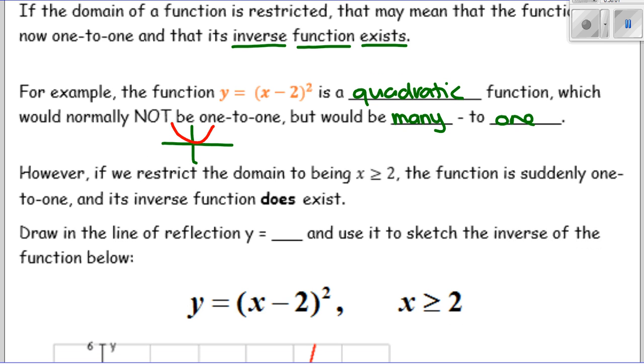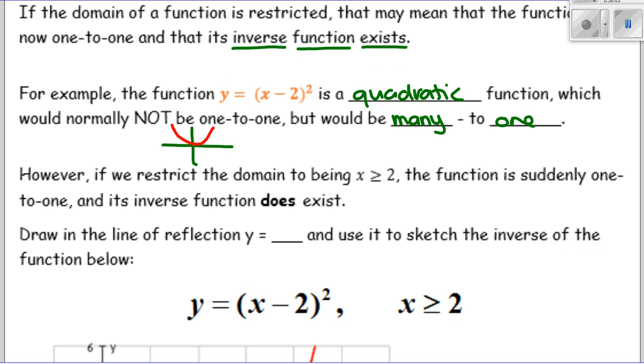However, if we restrict the domain to x is greater than or equal to 2... See, the original x squared function looks like that. According to transformations, how does x minus 2 squared transform this original graph?